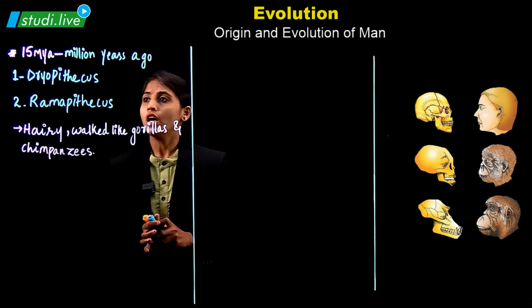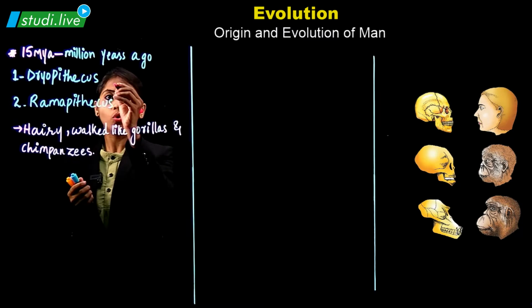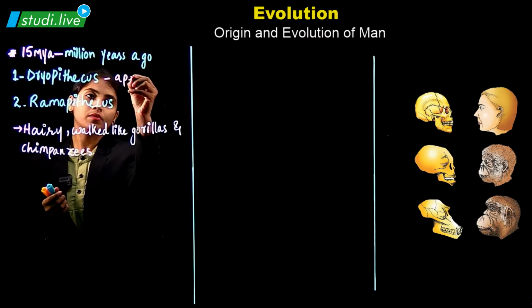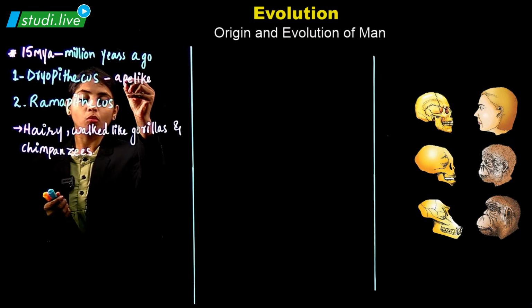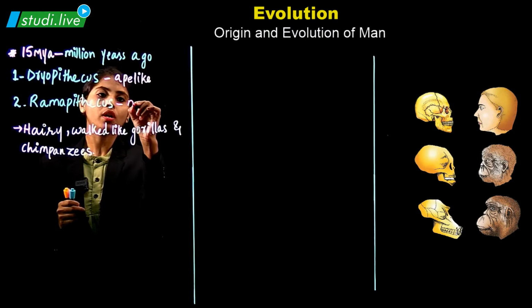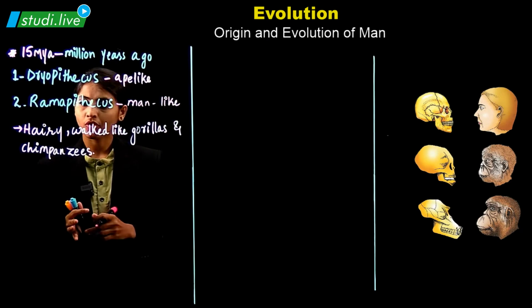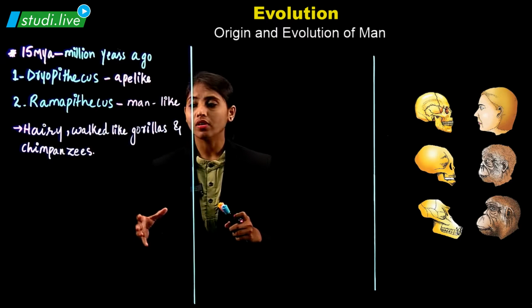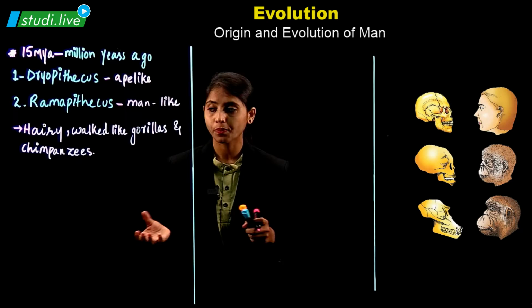Okay student, the Dryopithecus were more ape-like in their appearance, and the Ramapithecus were more men-like. However, they were hunting the species and they were dependent on the other.